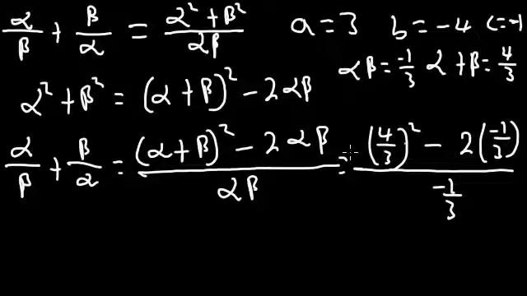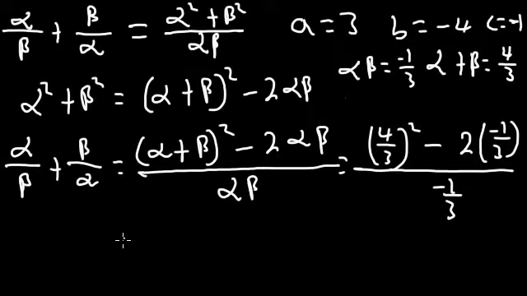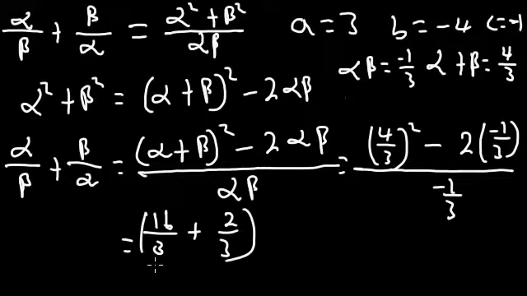Now I can simplify this forward. However, you can make this faster and easier for you. As soon as you have solved alpha squared plus beta squared, just put in the answer right here. You don't need to do all these steps. So we have 16 over 3, then the minus becomes plus 2 over 3. Then I'm putting in the parentheses, divided by negative 1 over 3.